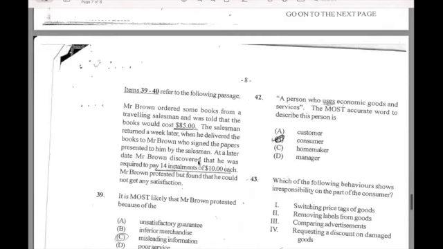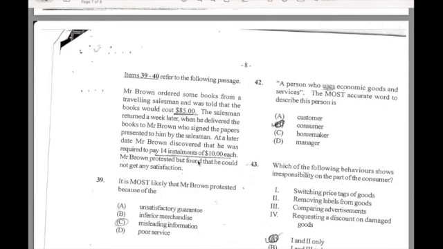Questions number 39 and 40 refer to a passage or a scenario. Mr. Brown ordered some books from a traveling salesman and was told that the books cost $85. The salesman returned a week later.